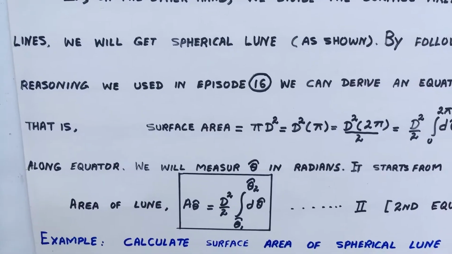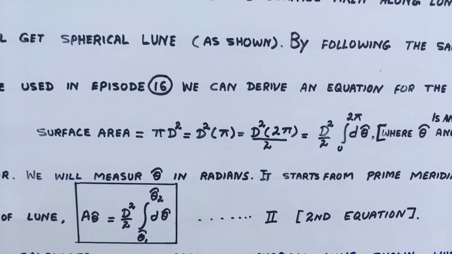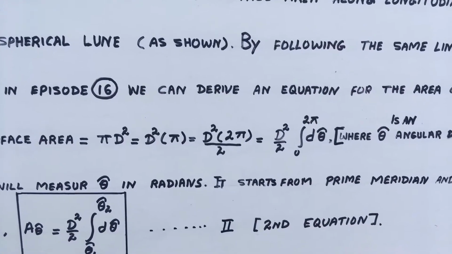The surface area is pi d square, so we won't touch the d square here, and we will deal only with the pi.